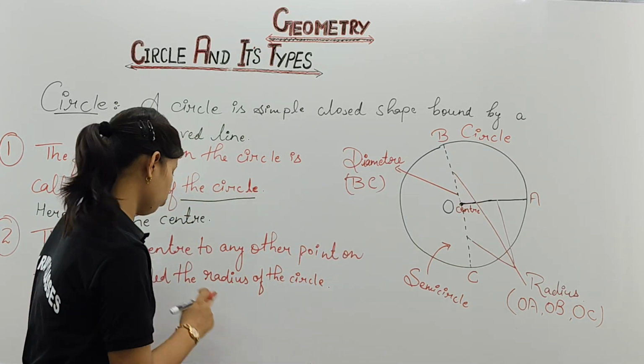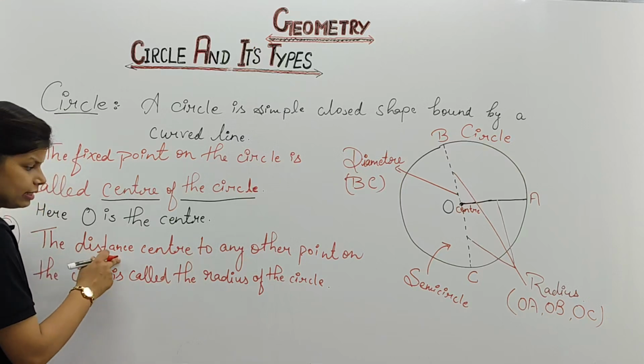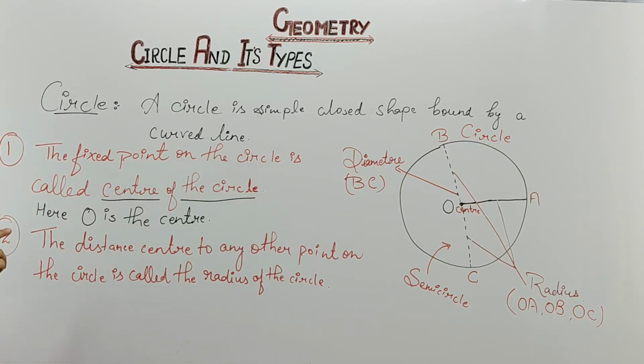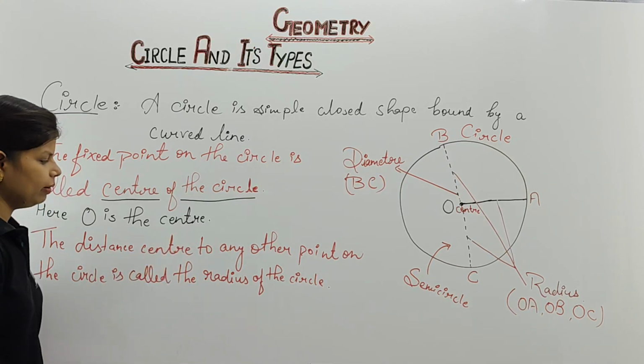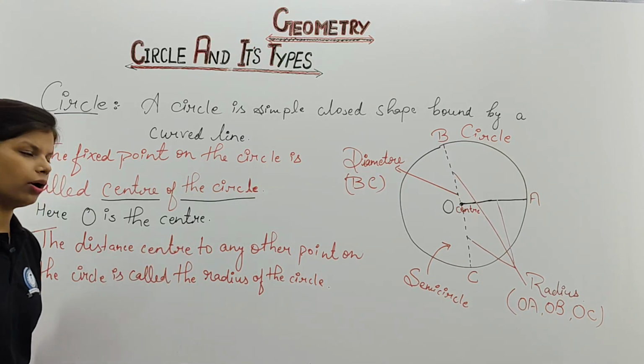One more thing you have to mention here: equal distance, not only distance. The equal distance from the center to any point on the circle is called the radius of the circle.